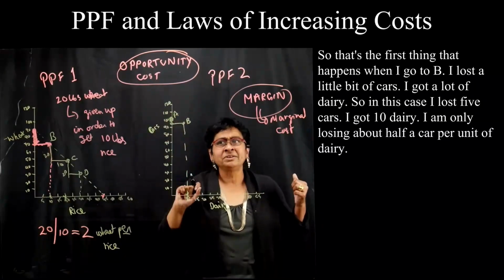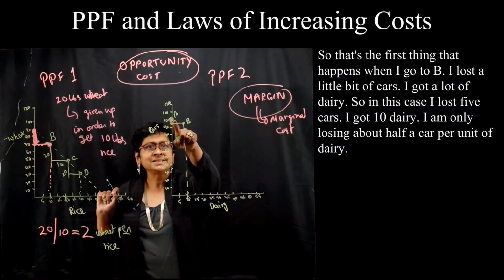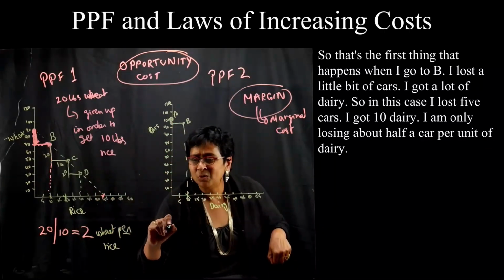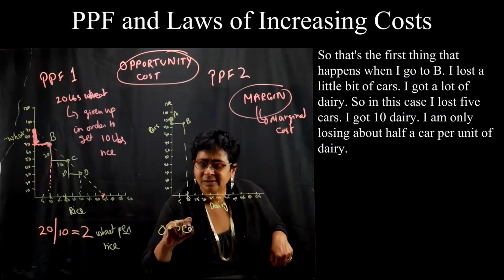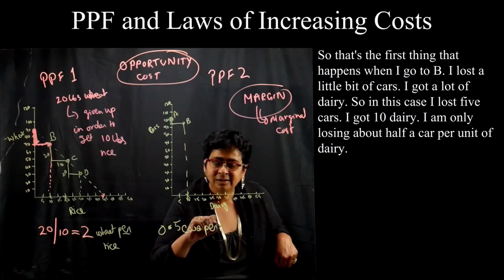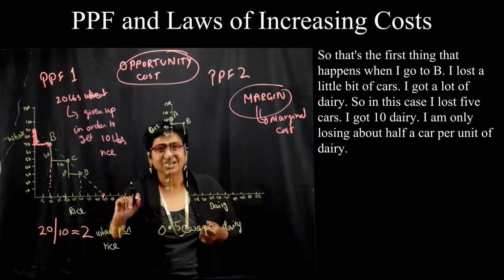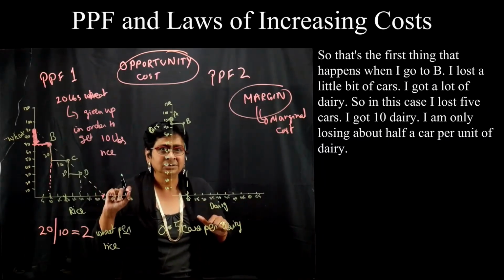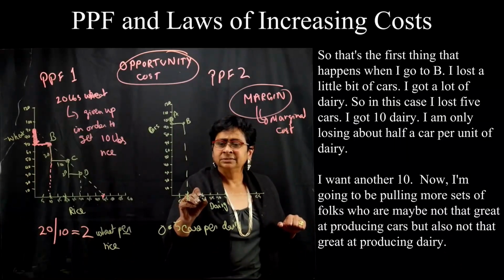So that's the first thing that happened when I go to B. I lost a little bit of cars. I got a lot of dairy. So in this case, I lost 5 cars. I got 10 dairy. I'm only losing about half a car per unit of dairy, all right? Pretty low. Okay. I want another 10.